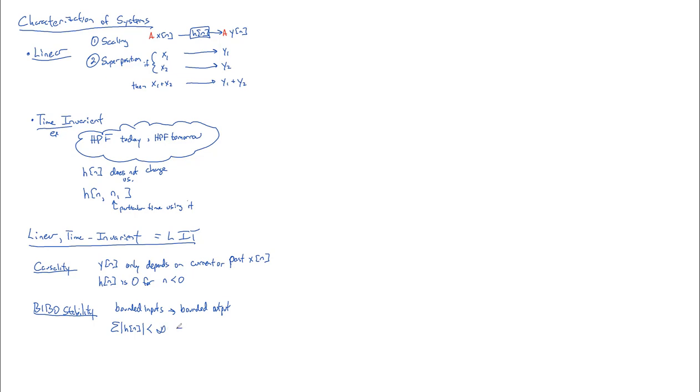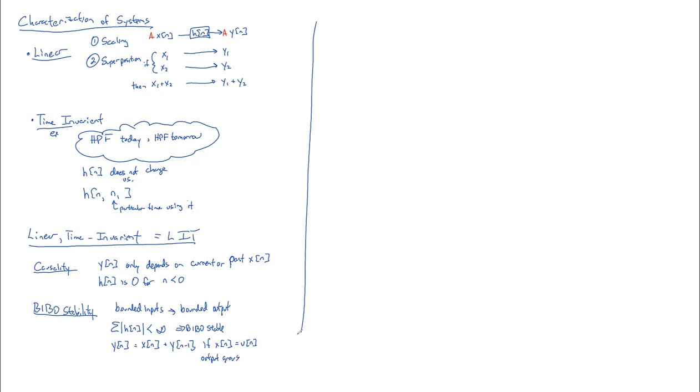And if that's true, then your system is BIBO stable. A simple example of one that's not BIBO stable is the accumulator we just studied. Your output is equal to your input plus your previous output. Because if your input is a step, then you can see your output grows.